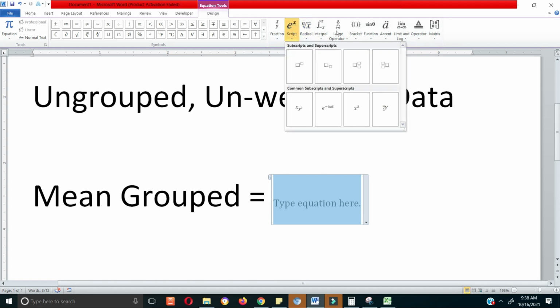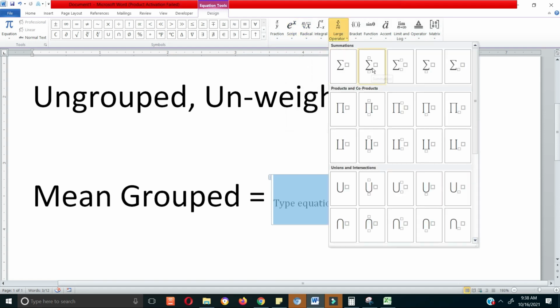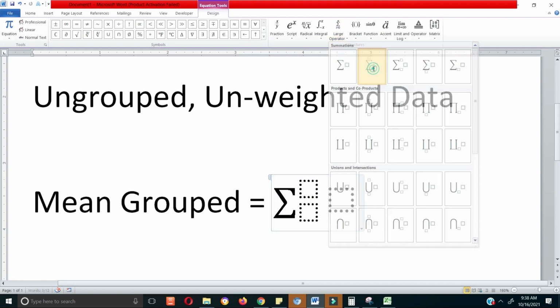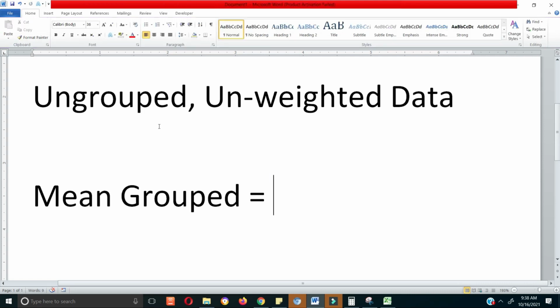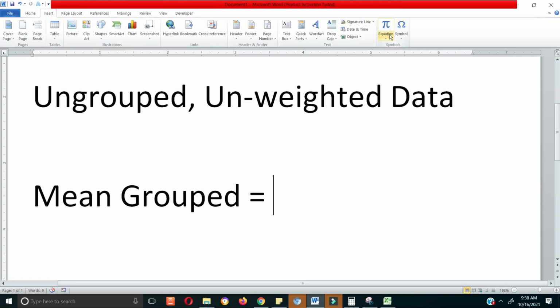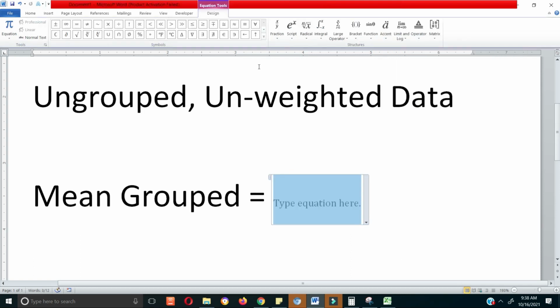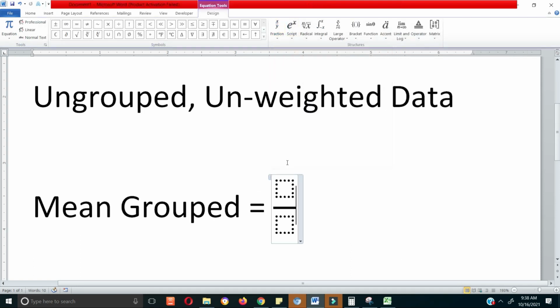I keep on getting the wrong insert new equation.